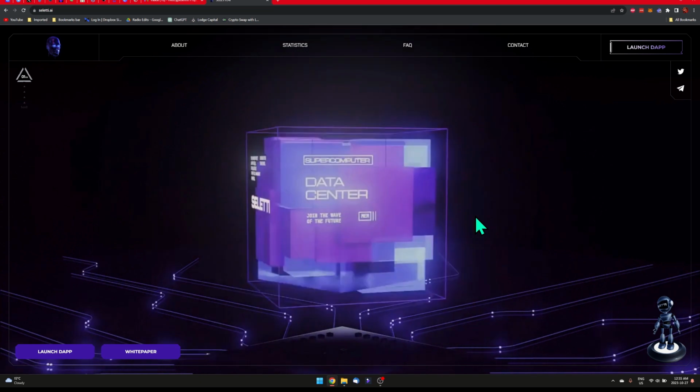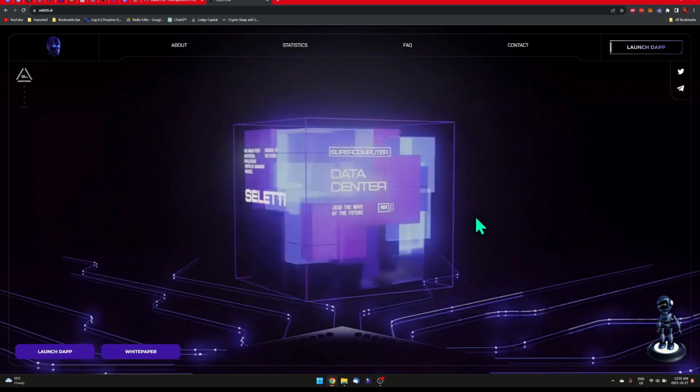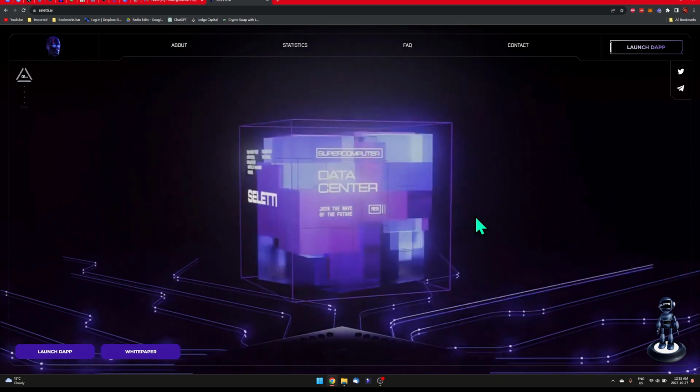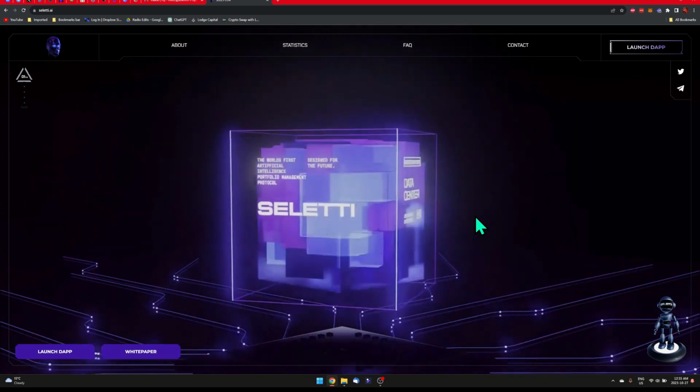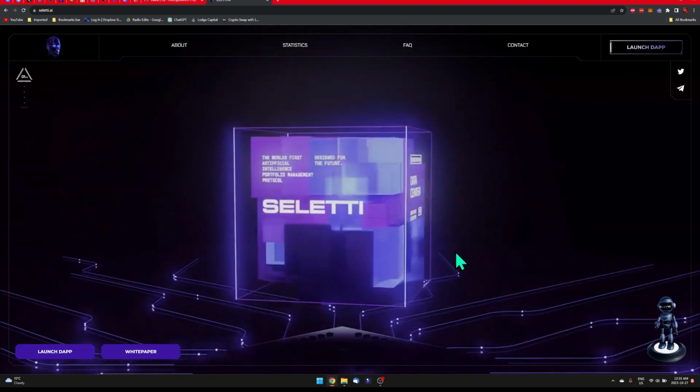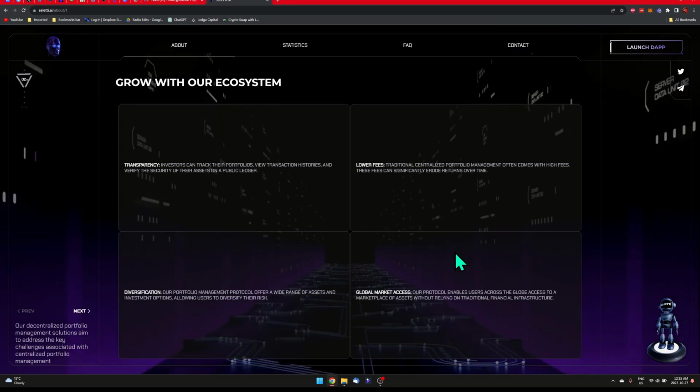There is multiple types of portfolios that you can invest in. Each portfolio has from smaller to larger amounts of risk, and that just means that you get from lower returns to higher returns. So let's go through the website and see if we can answer some of you guys' questions.